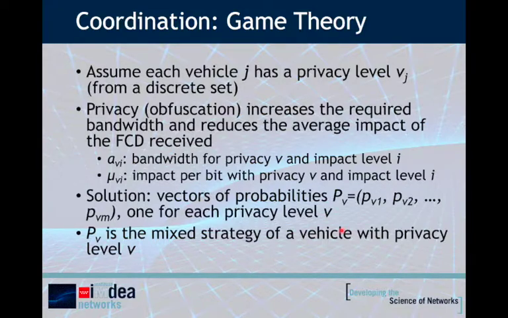By using this technique of obfuscation that we described before, we are going to require more bandwidth, because more messages are going to be sent to a vehicle that has a given privacy level, since it's requesting all the messages that are relevant to a whole area instead of a given point.